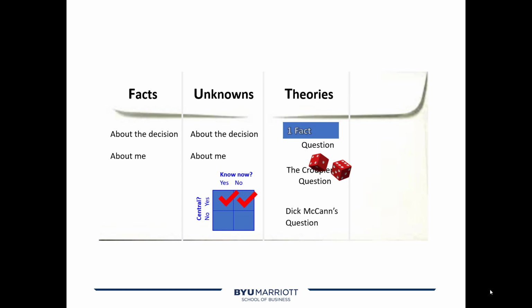Question number 3 is Dick McCann's question. Now, you may not know who Dick McCann is, but Dick McCann was my boss when I ran a floor covering company in Seattle. Dick was the owner, and I was the general manager of that floor covering company.